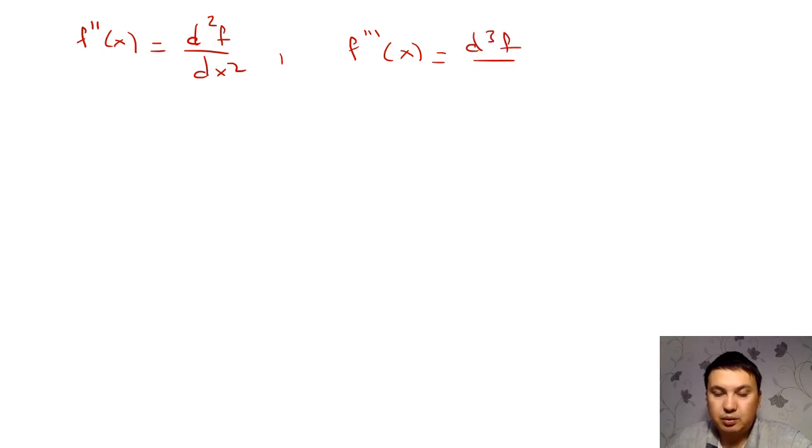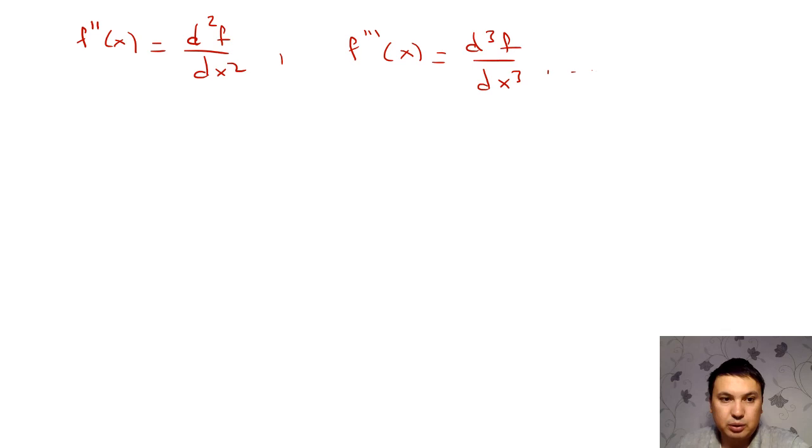For example, the second order derivative can be written as f double prime of x, or if you like, d squared f over dx squared, and similarly the third order derivative can be written as d cubed f over dx cubed, etc. So there are other notations.